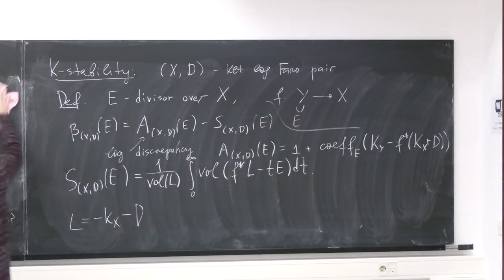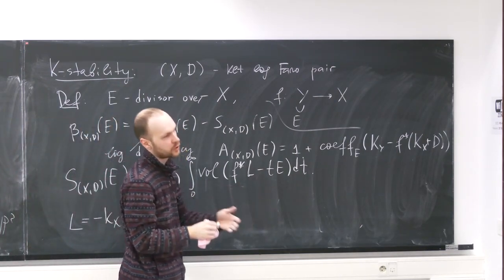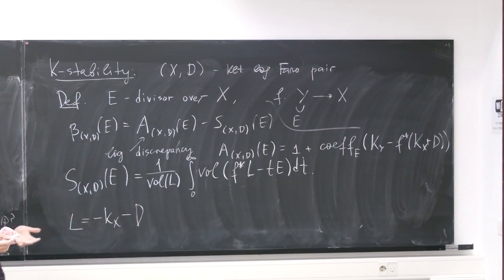So then we're ready to formulate the definition of a K-stable pair. It computes the asymptotic of the growth of this divisor, which somehow reflects the order of vanishing along E, as far as I understand.